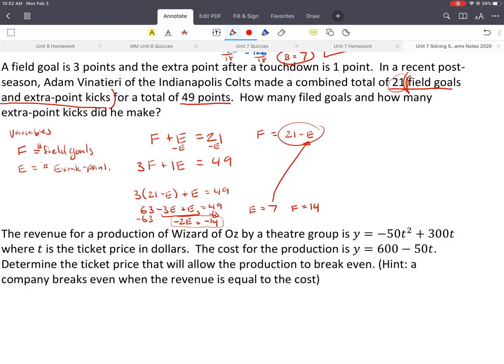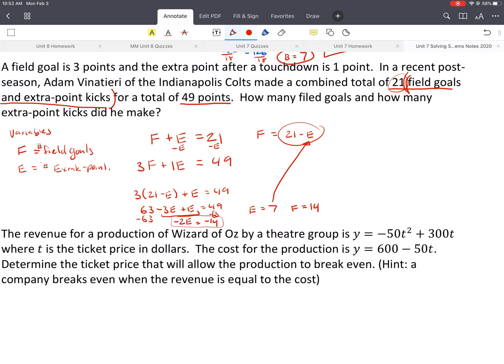And you can always use your equations again and see if that makes sense. So field goals were worth 3. So 3 times 14 is 42. And then we add 7 to that, and that gives you 49.